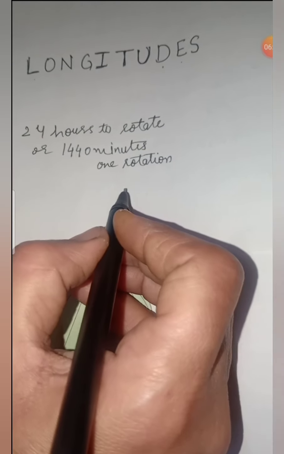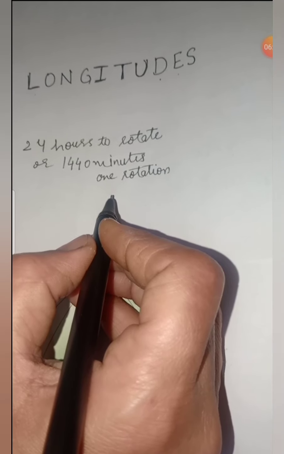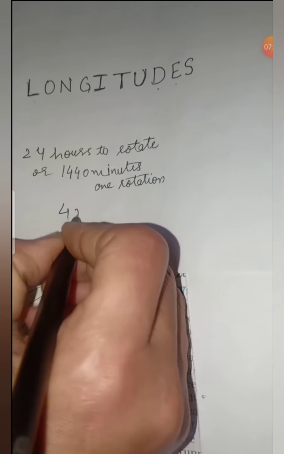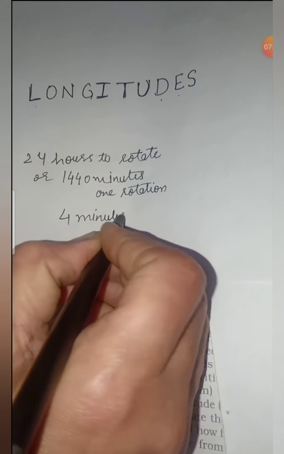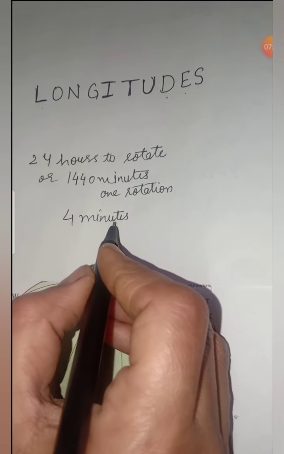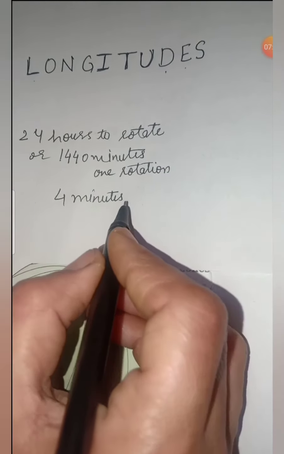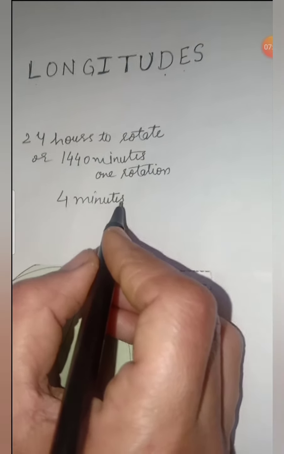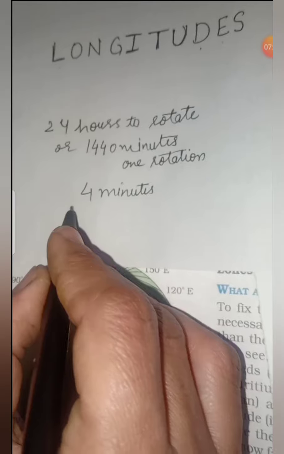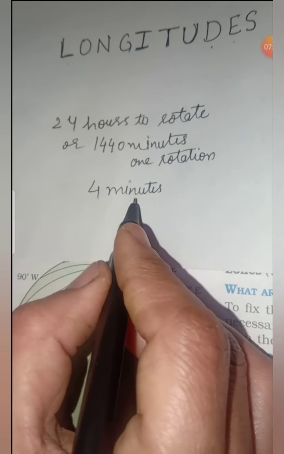That means to rotate 1 degree, it takes 4 minutes. Each longitude is located at 1 degree.